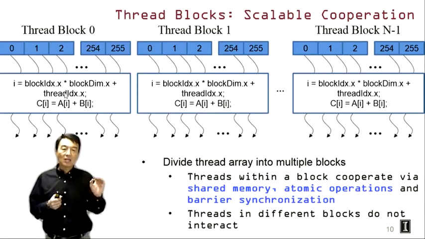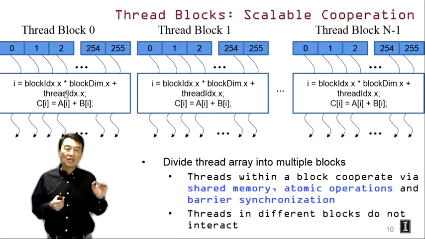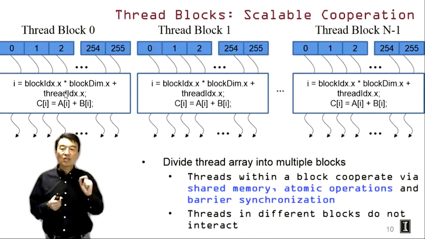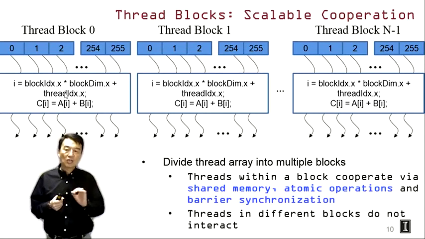The block index variable is called blockIdx.x, and the thread index is called threadIdx.x. These are predefined CUDA variables that we can use in a kernel, and they are initialized by the hardware for each thread. So you don't need to initialize these variables, because the system initializes them for every thread.